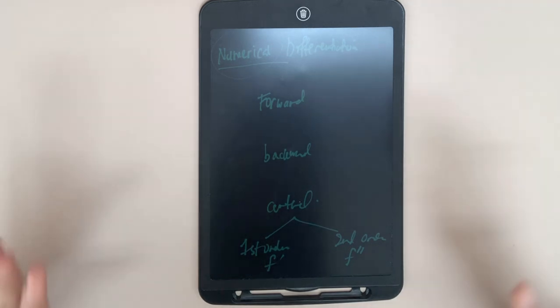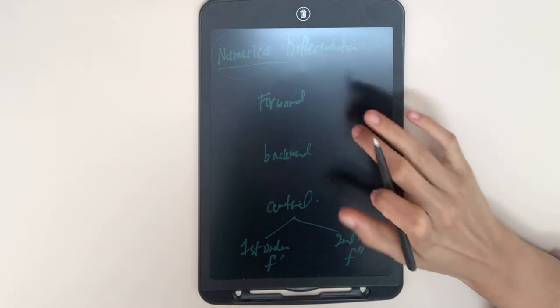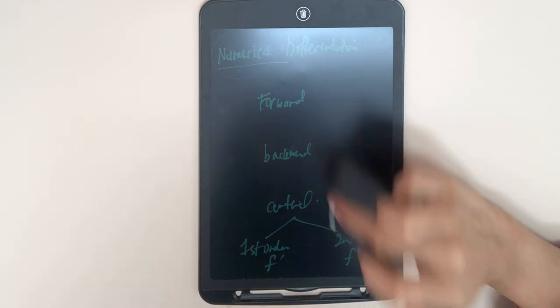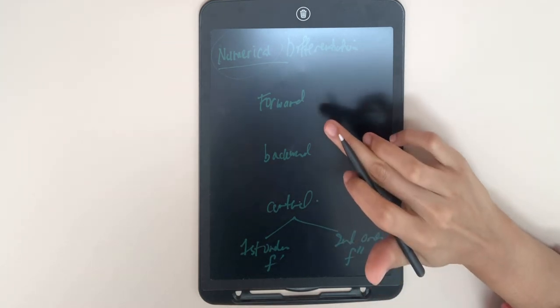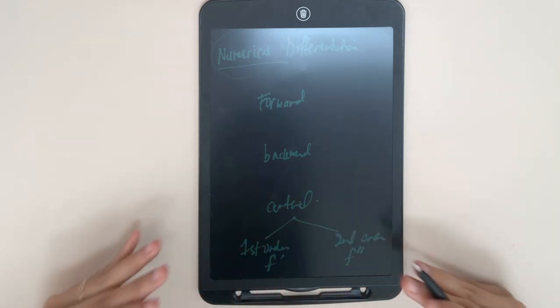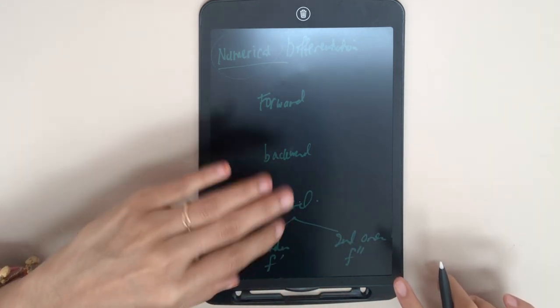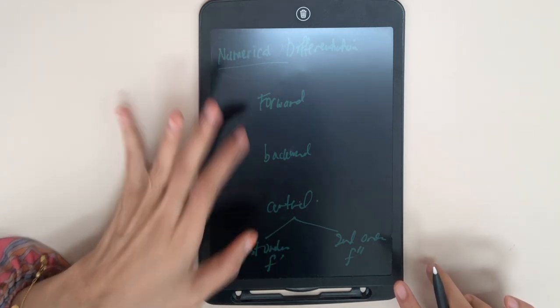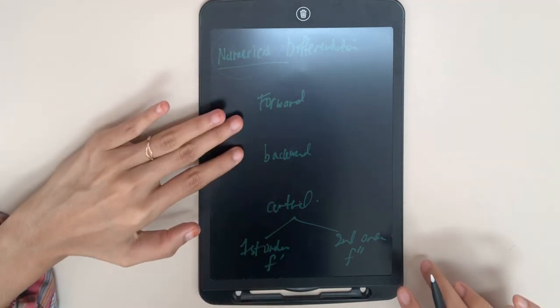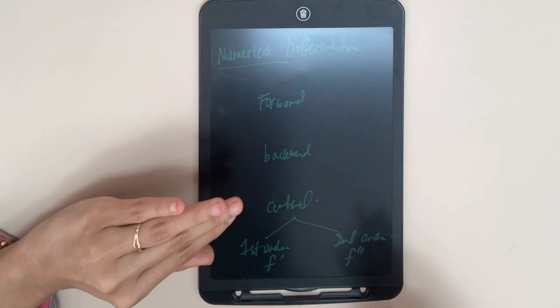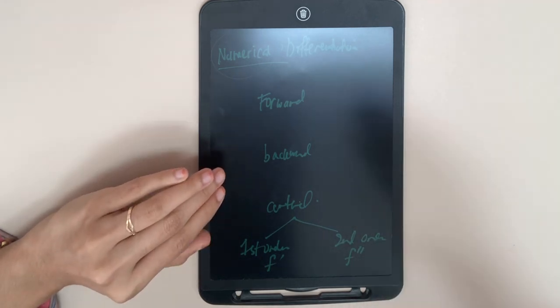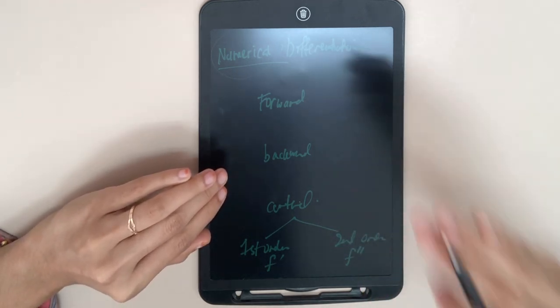Okay, maksudnya macam ni saya ulang balik. Just now I said this is the 3 formula, the basic one. Then after that we have 2 types, the first order and second order. So the first order they have these 3: forward, backward, centered. Same goes to second order, also 3 formula: forward, backward, centered.